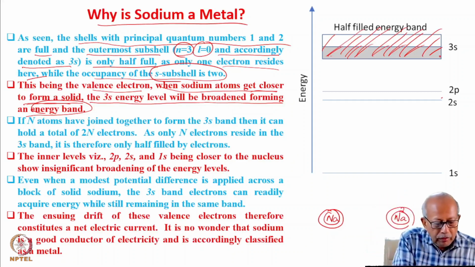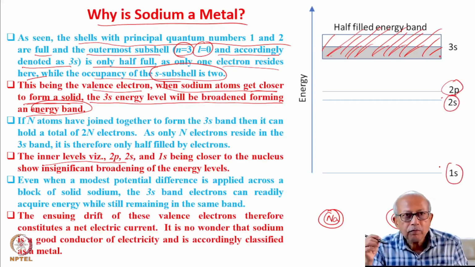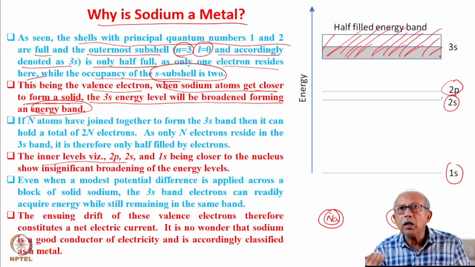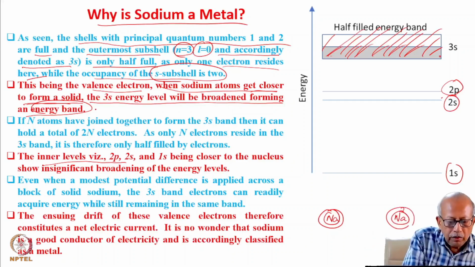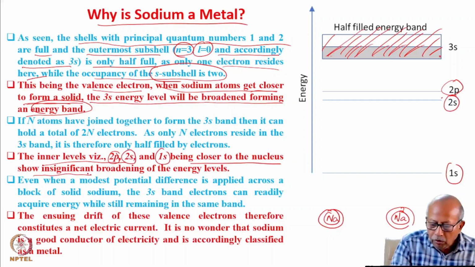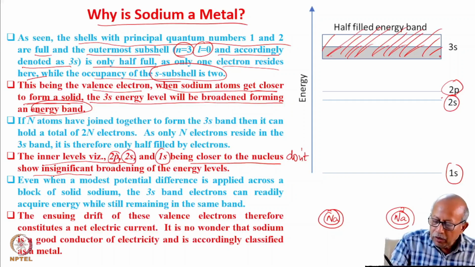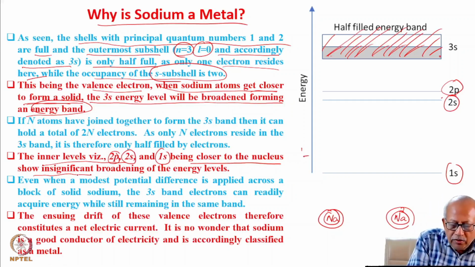But the inner levels, that is 2p, 2s, and 1s, which are much closer to the nucleus, do not show any significant broadening of the energy level.